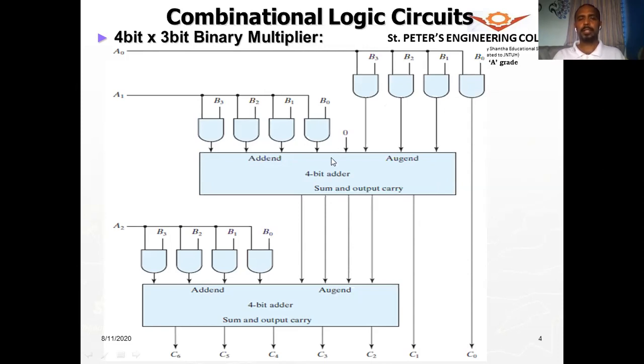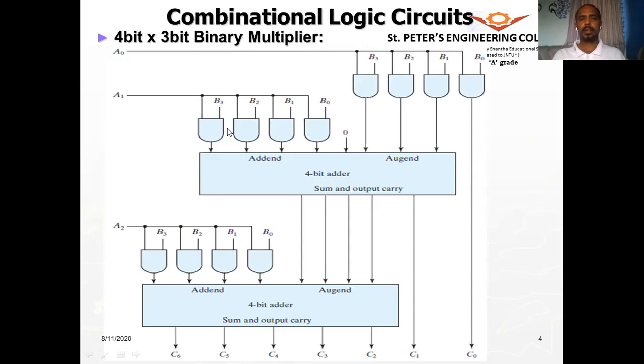When we are adding this set here, I have only 3 inputs, but I require 4 inputs. So this input is taken as 0. For the 4 inputs here, I have only the product terms of 3 inputs, but the other term is taken as 0. We can't leave it open, so we have to make it 0.